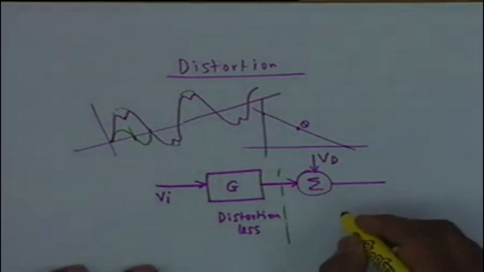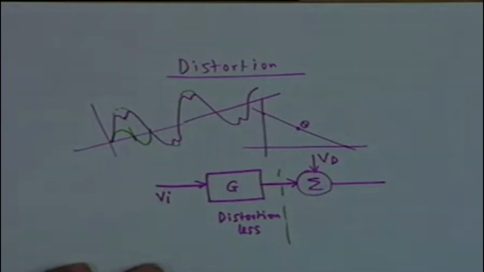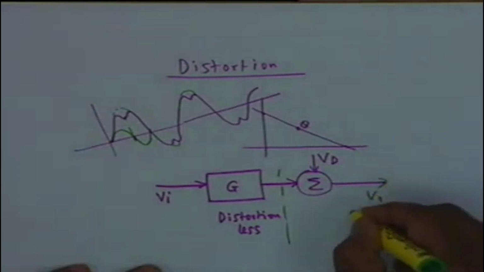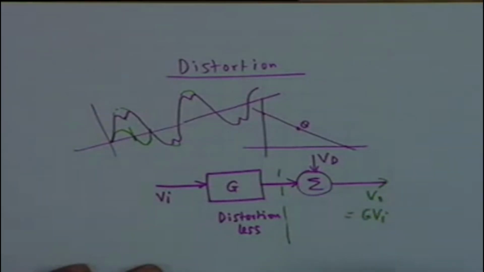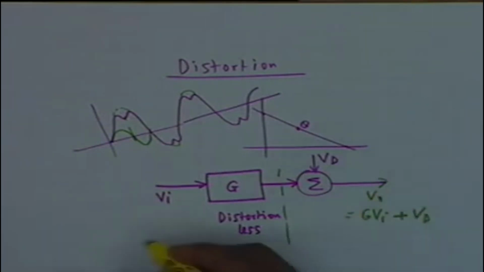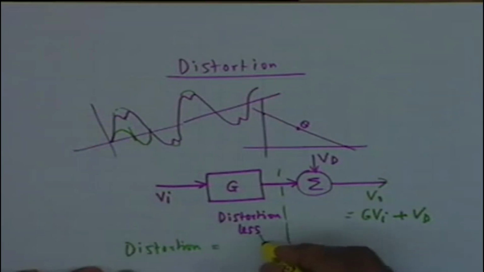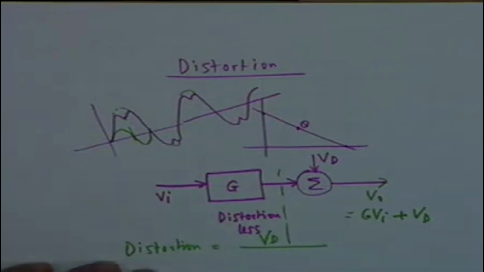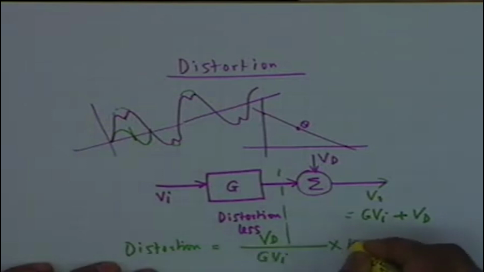In other words, the percentage distortion, you see the output is GVi. This is the perfect, linear distortionless part, plus Vd, so that the measure of distortion as a percentage is equal to Vd, the distortion voltage, divided by GVi, all right, multiplied by 100%. All right.